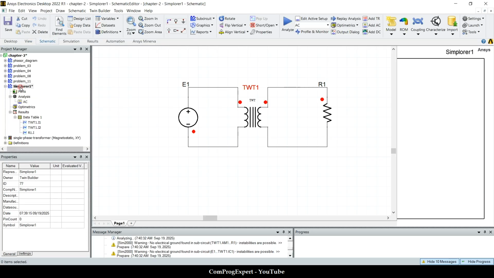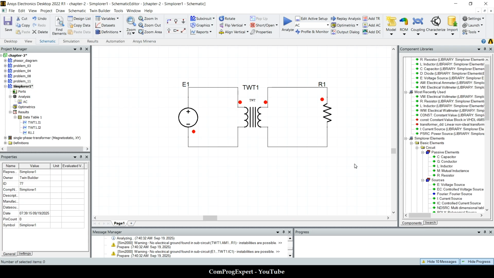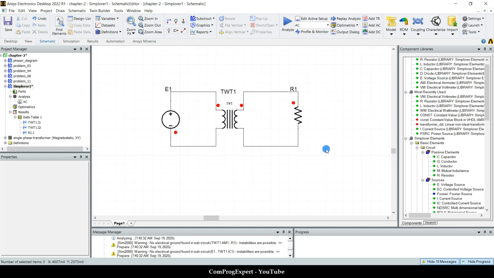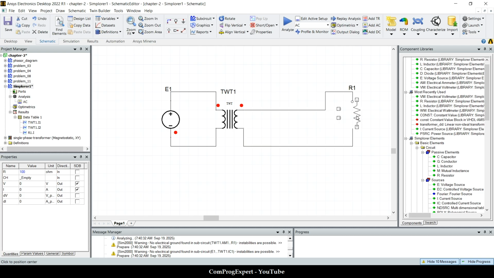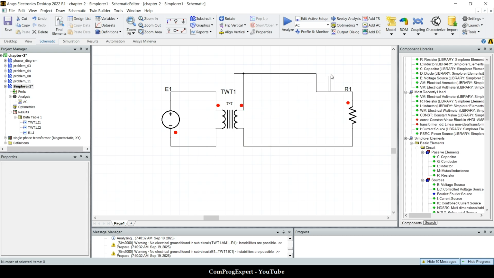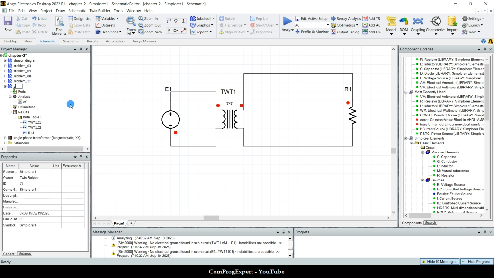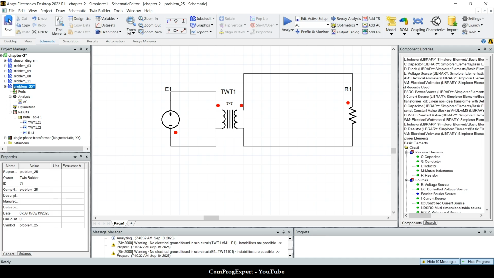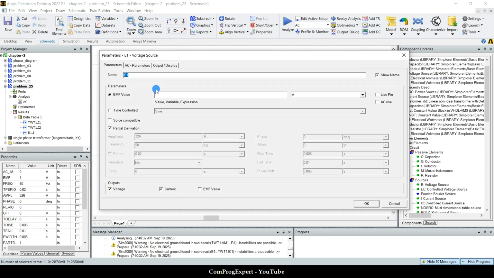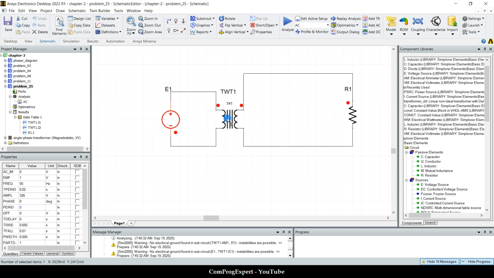So let's generate the model. Let's add a wattmeter to measure the value of the output power. This is problem 25. Okay, the value of the voltage is 100.